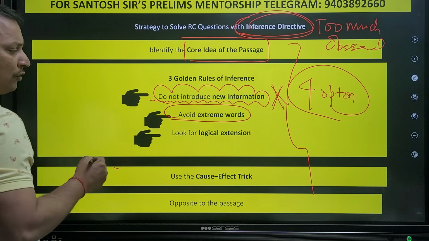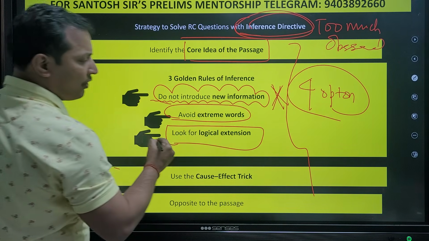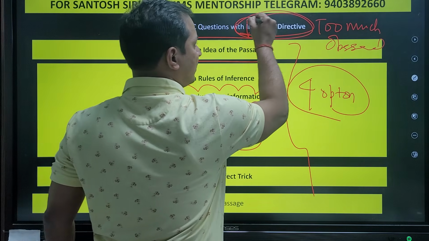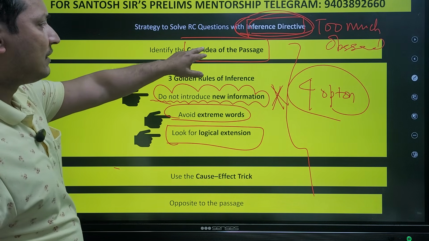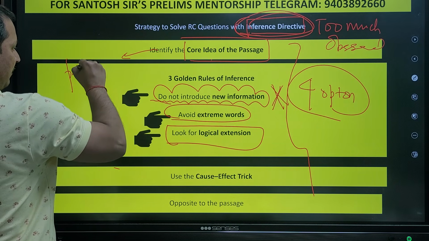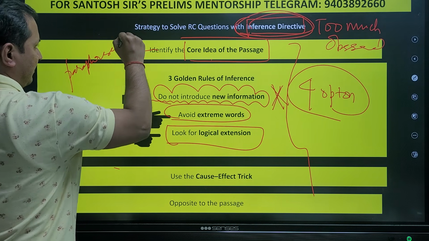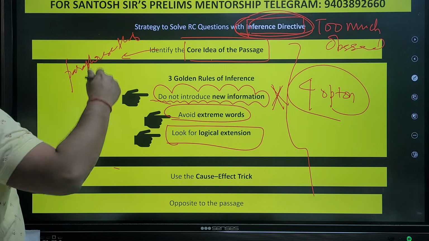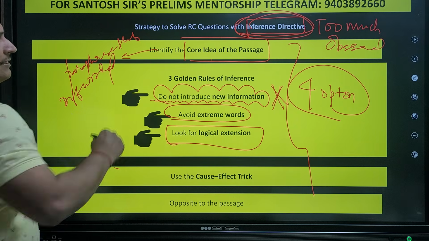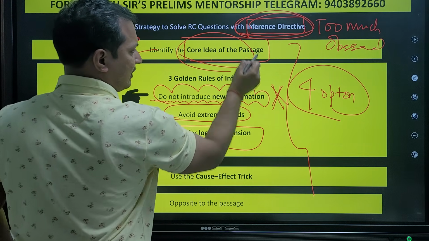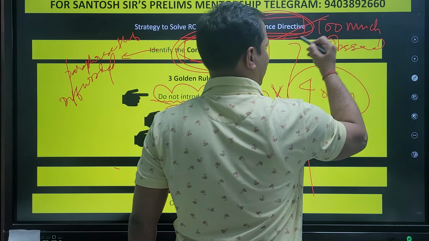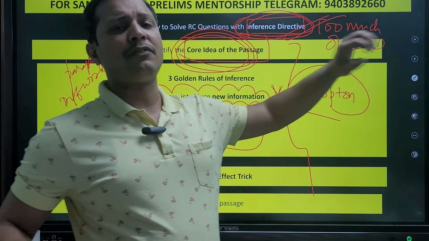Next is to look for the logical extension of the core of the passage. In an inference question, what do we do? Once we get the core idea, we paraphrase it, basically in different wording. So inference is nothing but the core idea only, just paraphrased, written in some other form.